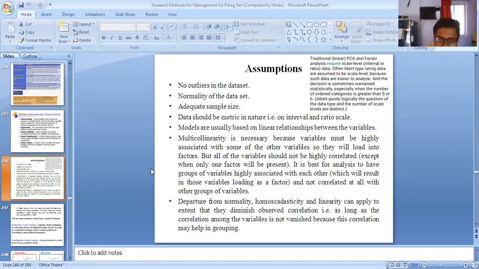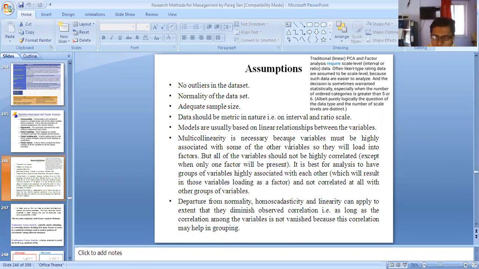Then there is departure from normality. Homoscedasticity and linearity can apply to the extent that they diminish observed correlation. It means as long as the correlation among the variables is not vanished, because this correlation may help in grouping.